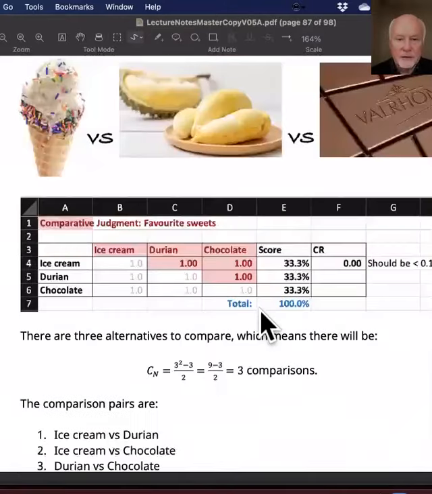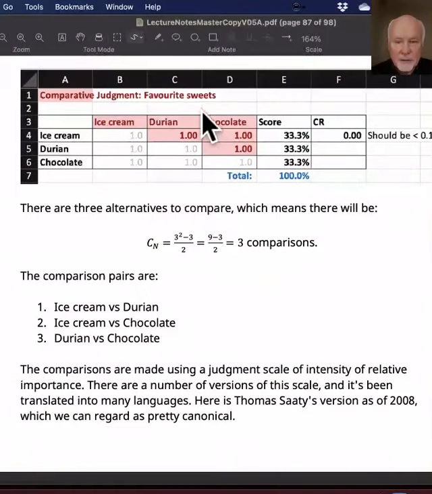So if we go back up here to the spreadsheet, I'm going to put in ice cream versus durian in that little cell there. I'm going to put 1 over 5, which is 0.2. So what I might do is get up the actual spreadsheet here. Let me just take it back to its native state. So all I do is I put in 1/5. Okay, and so that's taken.